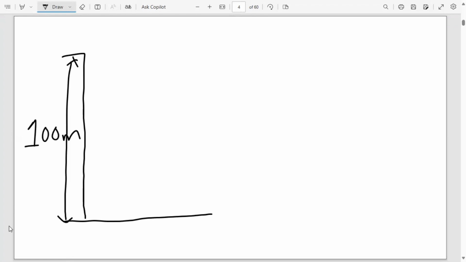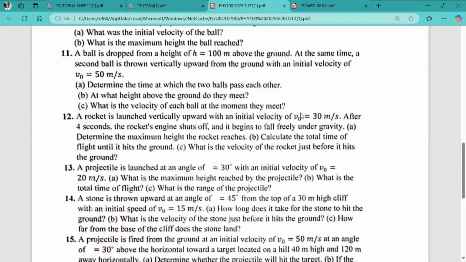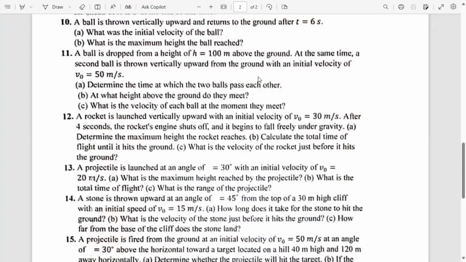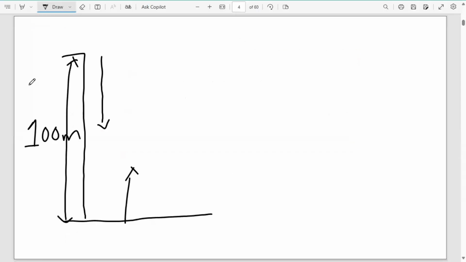Then one ball is thrown down, whilst one ball is thrown up. The first ball is not thrown, it is dropped. Remember, we have to take note of this language, right? If they say it's dropped, that means the initial velocity was 0. So ball A was dropped, then ball B. So I'll say this is ball A or ball 1, or this one is ball number 2.